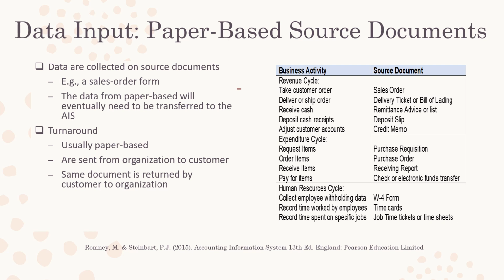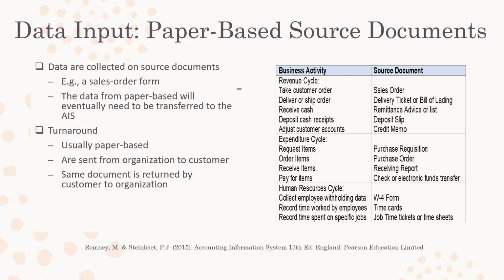So the data from paper-based will eventually need to be transferred to the AIS, as also the turnaround document, which is sent from the organization to customer, say for example the sales invoice, and a source document which is returned by the customer to the organization, say the delivery ticket. So in every activity we have different source documents.